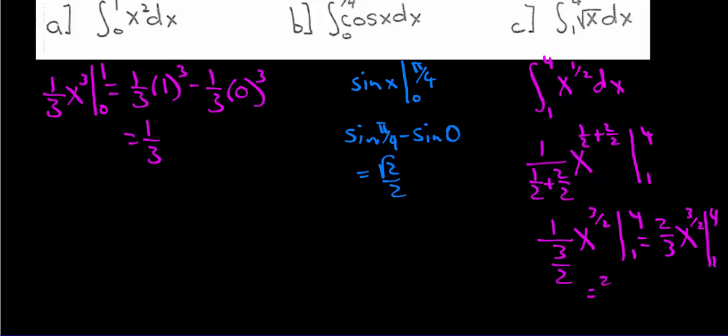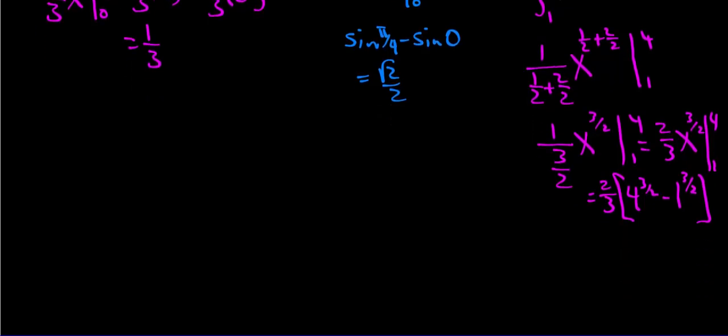Let me just factor that 2/3 out and go 4 to the 3/2 minus 1 to the 3/2. Let's see what that is. 4 to the 3/2: the square root of 4 is 2, and then 2 cubed is 8, minus 1. So it looks like this is going to be 14/3.